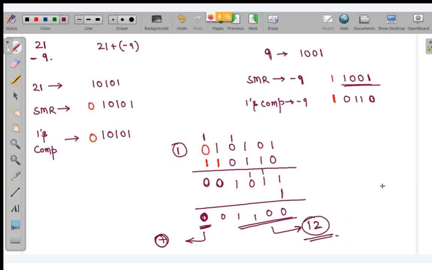Did we understand this concept or not? Please tell me yes or no. Everybody? See, now one conclusion I will say.